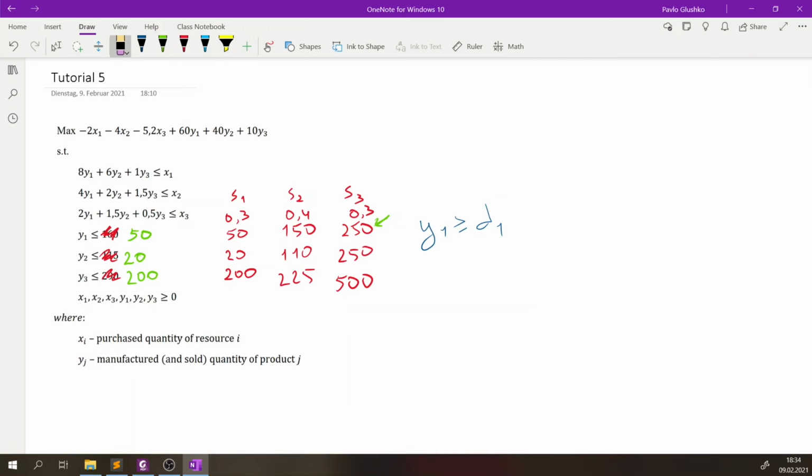Therefore, for the fat solution, for constraints with more or equal direction for inequalities, we choose the highest parameter of the right-hand side, which would be 250. And the same would be for product 2, also 250, and for product 3 it would be 500.